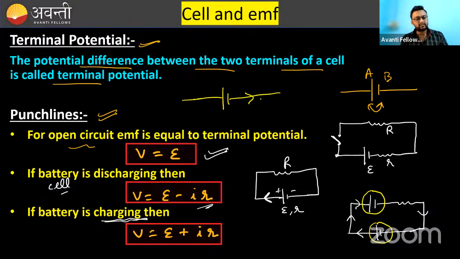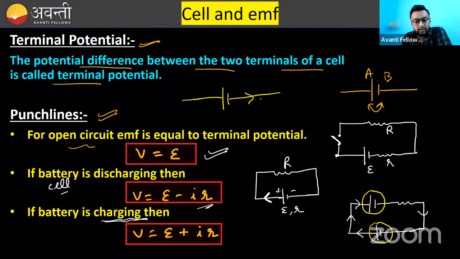If someone has asked, if there are both charging and discharging, then is it charging or discharging? The question is not that clear, but what I got is, in a circuit, if two cells are there, then for sure at least one of them is charging and one of them is discharging.